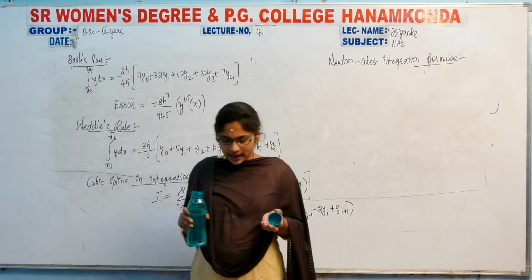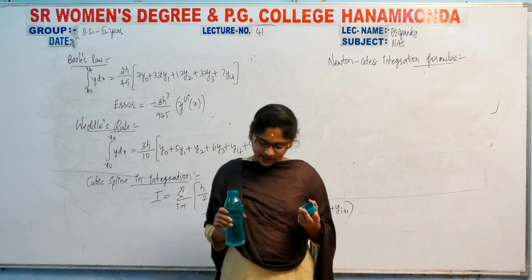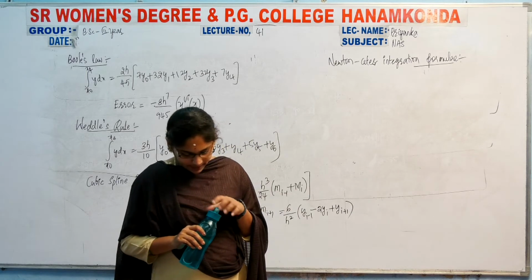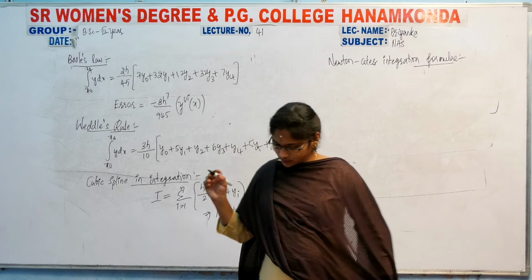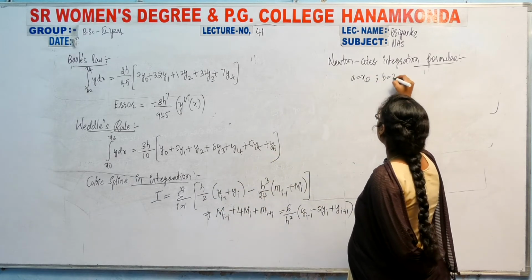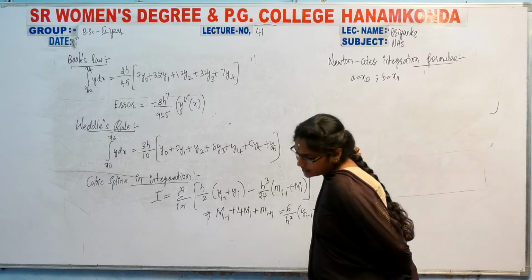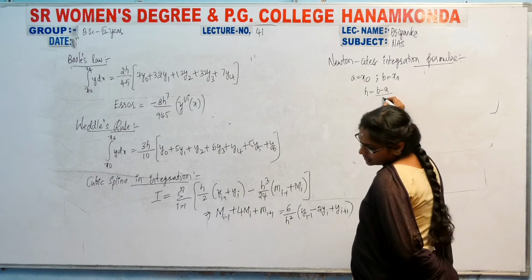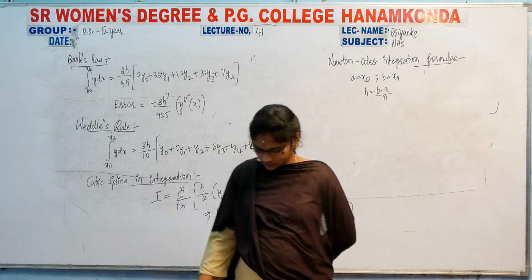And let the endpoints of the interval of integration be placed such that a equal to x0 and b equal to xn, and h equal to b minus a by n, that means xn minus x0 by n.